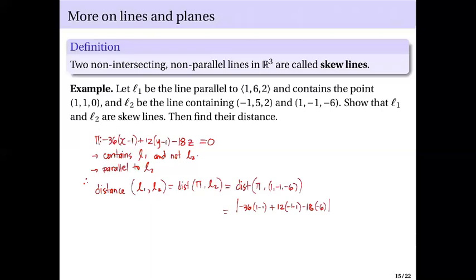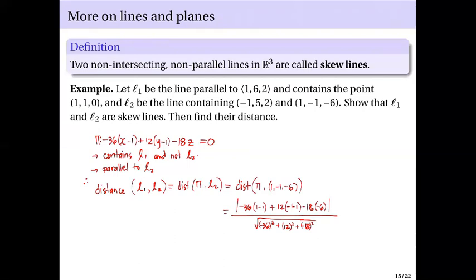So you have the absolute value divided by the square root of negative 36 squared plus 12 squared plus negative 18 squared. Then just calculate, and that will be the distance of the two lines.